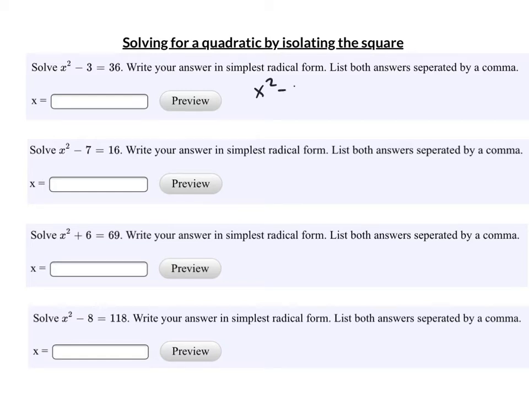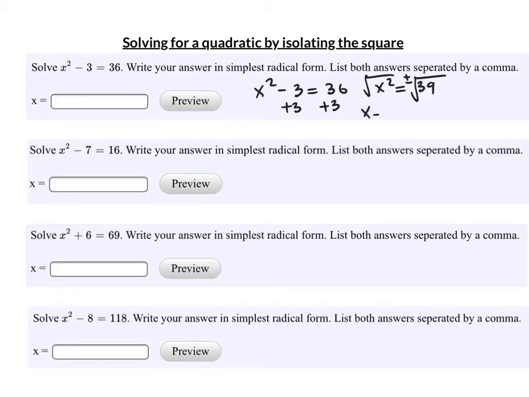X squared minus 3 equals 36. We'll add 3 to both sides. We get x squared equals 39. We'll square root both sides. And just like the first examples, whenever we take the square root of both sides, there's going to be two answers. So we put a plus or minus here.